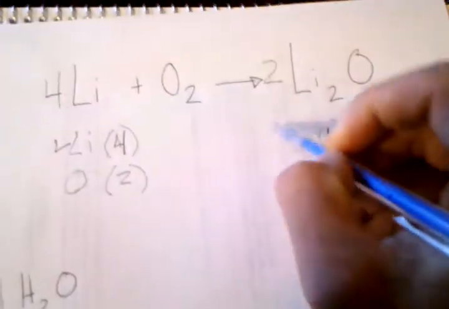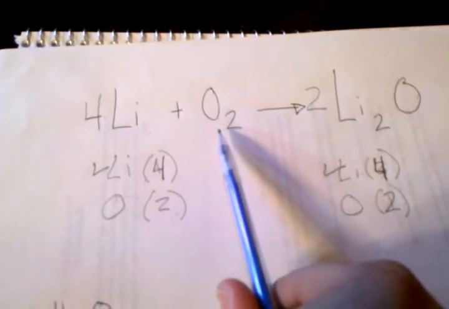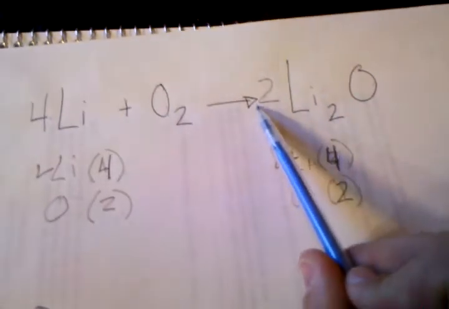So both sides check out for the lithium. Going to oxygen, I see I have 2 oxygen atoms total. And on the right-hand side, the coefficient times the one oxygen gives me 2. That equation is balanced. That is how you balance an equation.